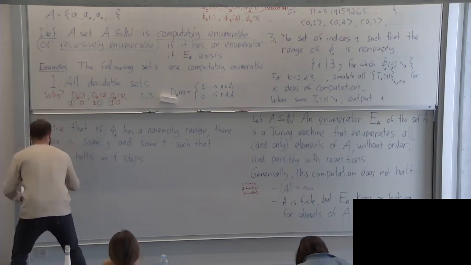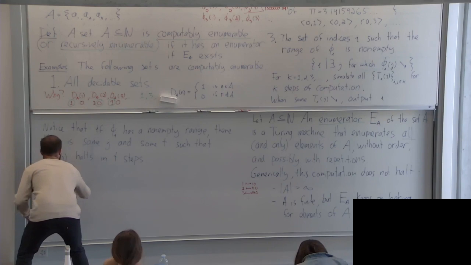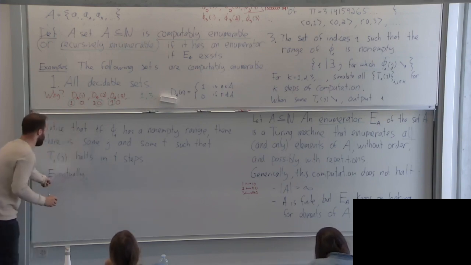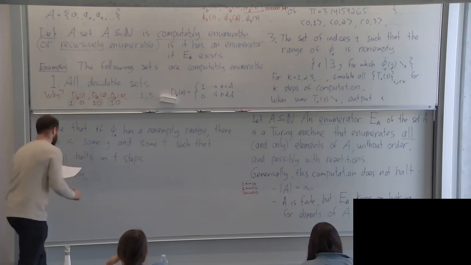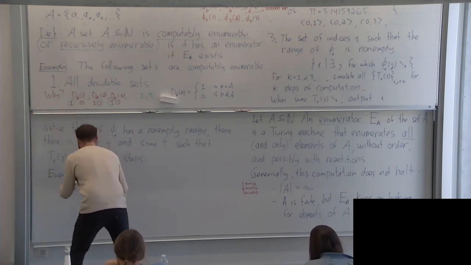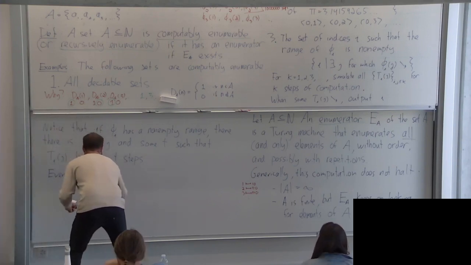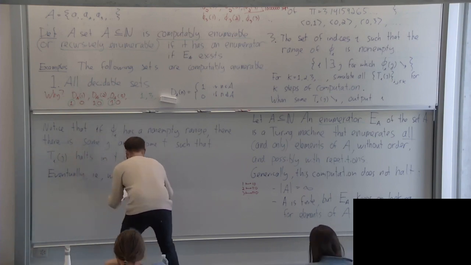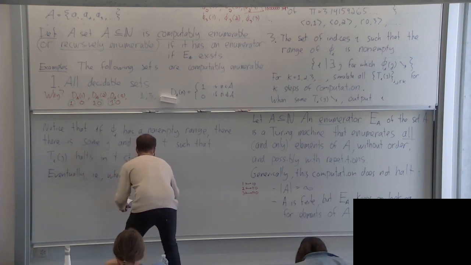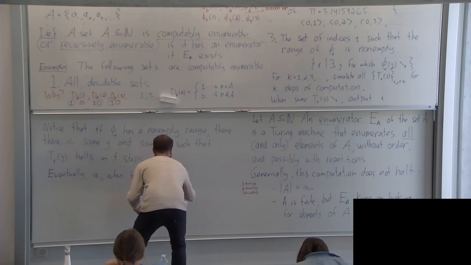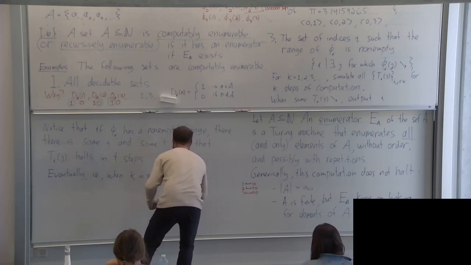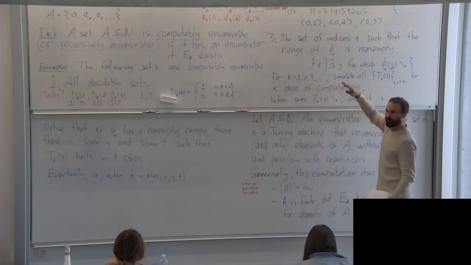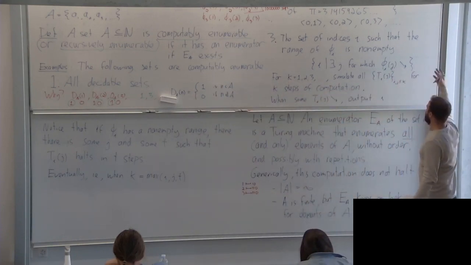Eventually, and I'm going to be more precise about what that eventually means, namely, when k is equal to the max of i, j, and t, because k is this parameter here which keeps on growing.